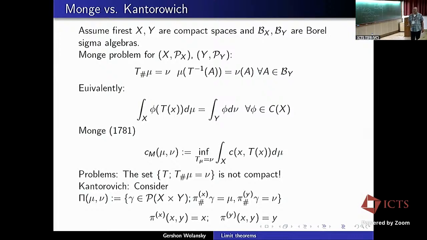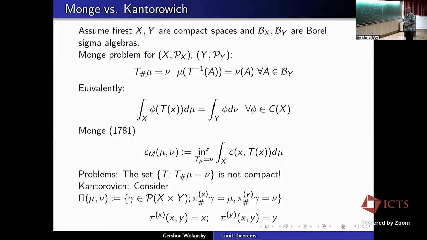So Kantorovich, like I mentioned before, in 1942, considered the following relaxation. Let's look for all two-point measures gamma in the probability set on X times Y, on the Cartesian product of X and Y, which have marginals mu and nu.